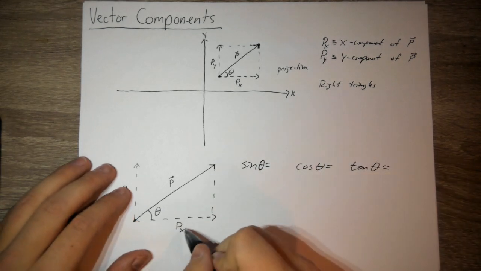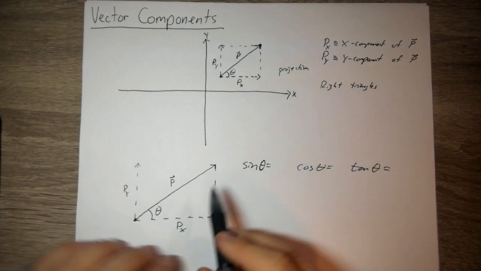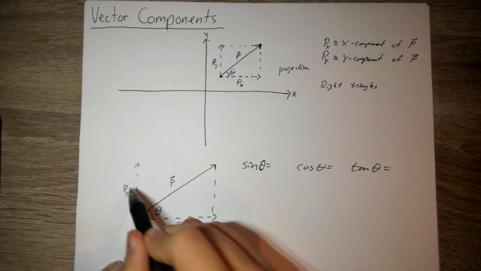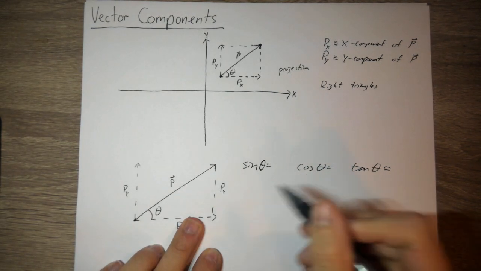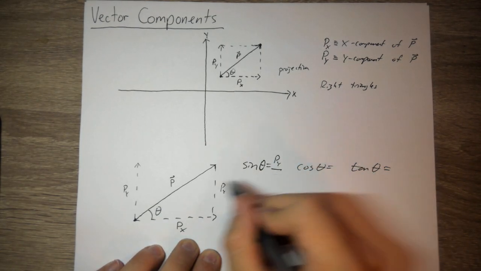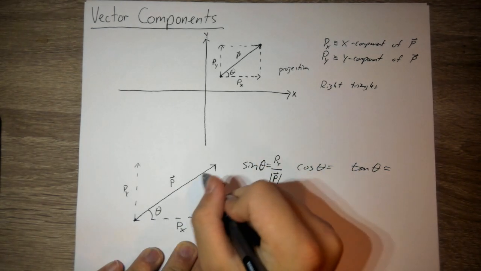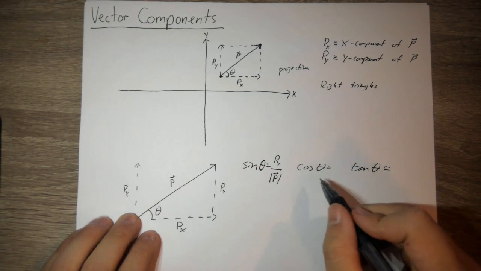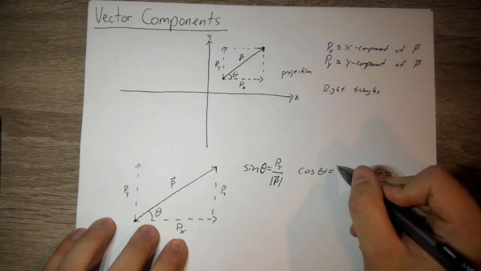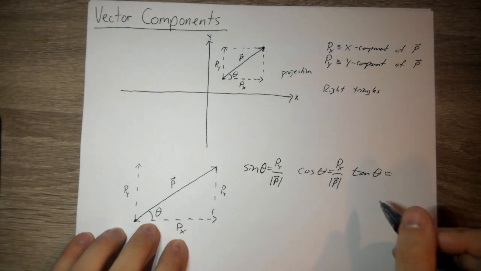Well, sine, remember, is the opposite length over the hypotenuse. In this case, the opposite is the same as py, if you think about it this way. So sine of theta is py over the magnitude of p. Cosine would be the adjacent side over the hypotenuse, so you get px over the magnitude of p.